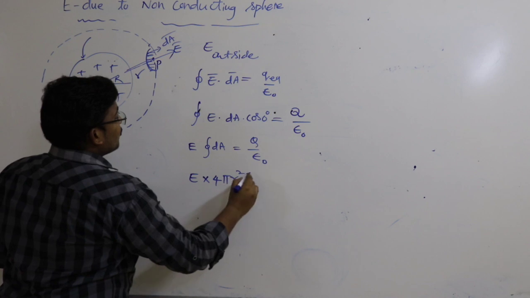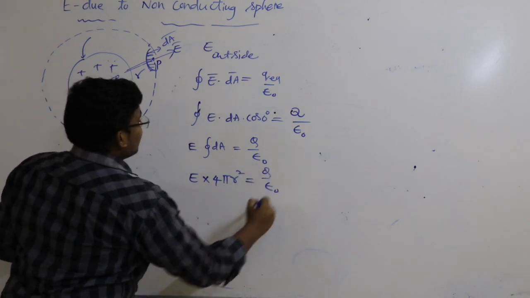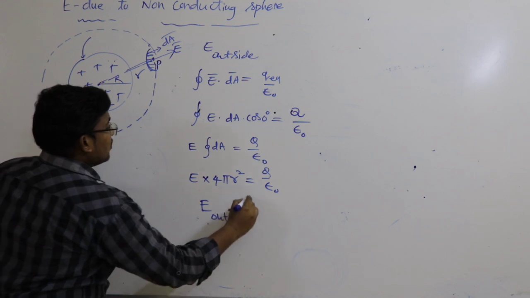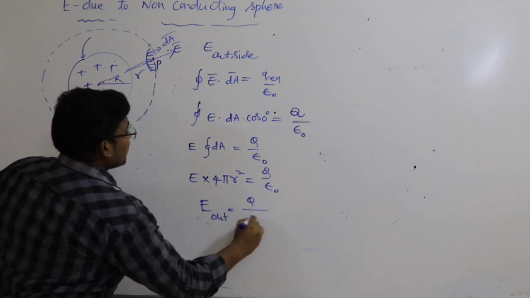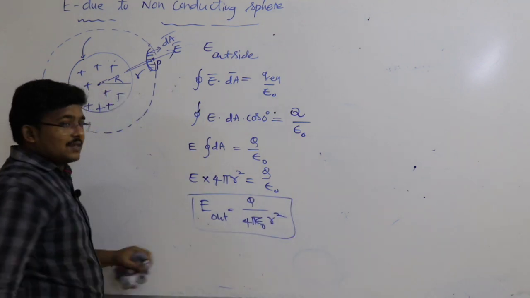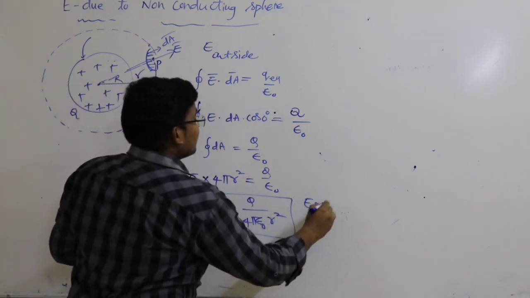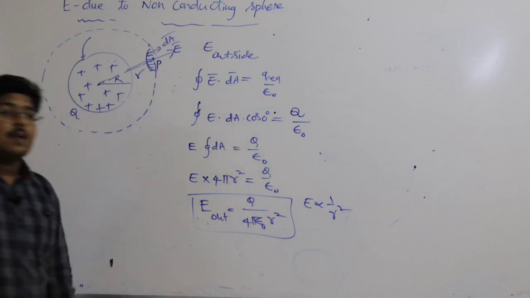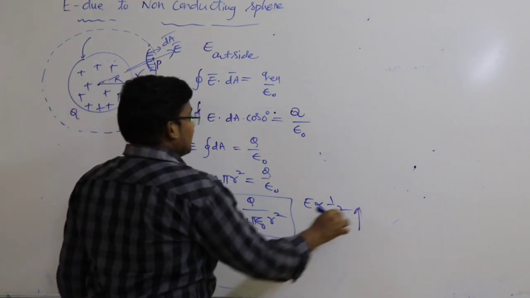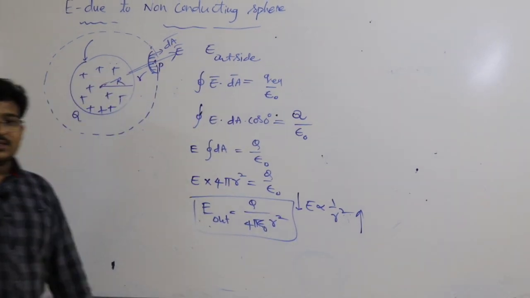So E into 4 pi r square is equal to Q by epsilon naught. So what is the E outside? E equals Q by 4 pi epsilon naught r square. Is E directly or inversely proportional to r? E is inversely proportional to r square. As the distance increases, the field decreases.